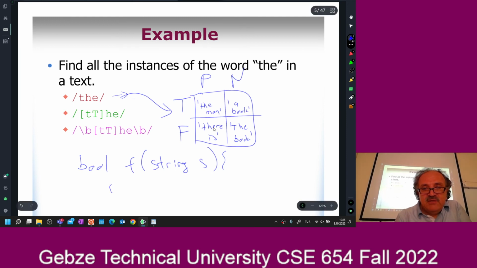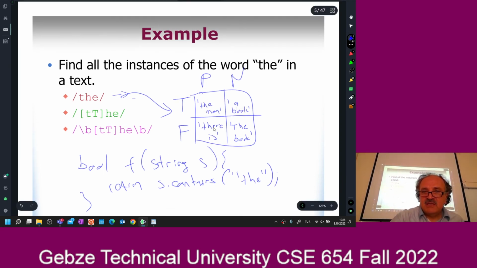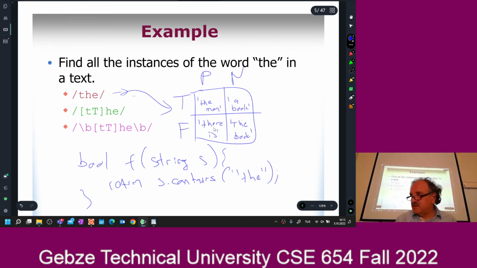Okay, return s contains the. If this is the function, it will behave this way. It works here, it works here. Doesn't work here, then doesn't work there. Okay?